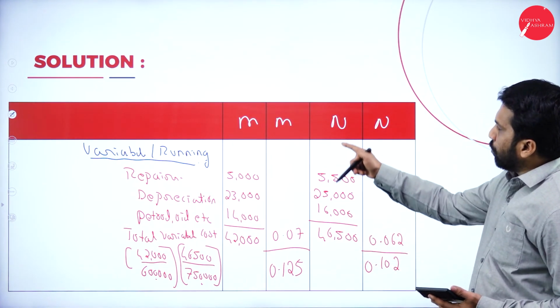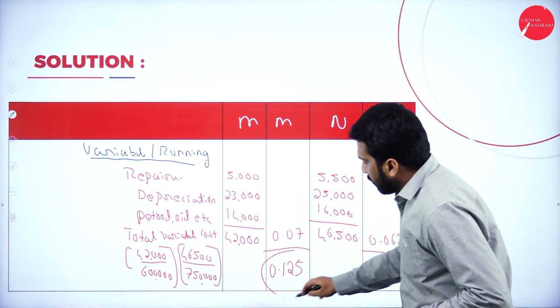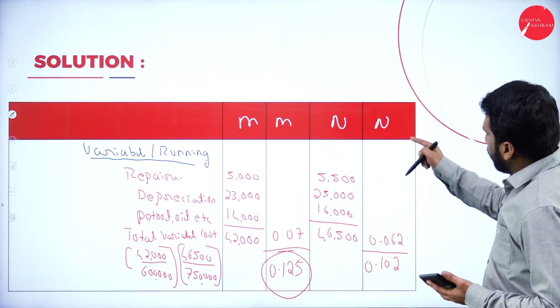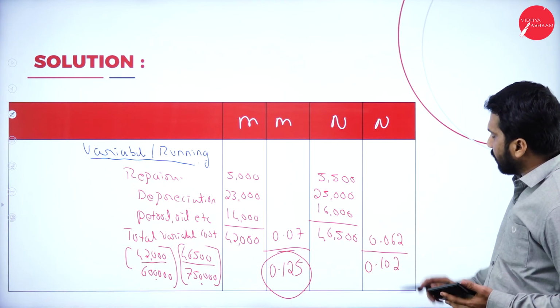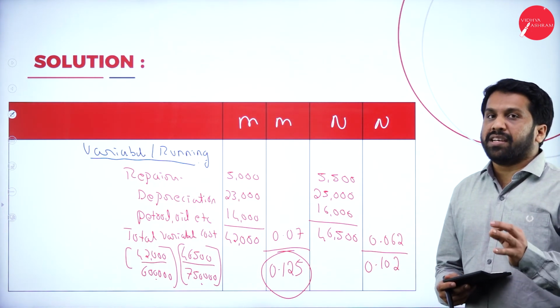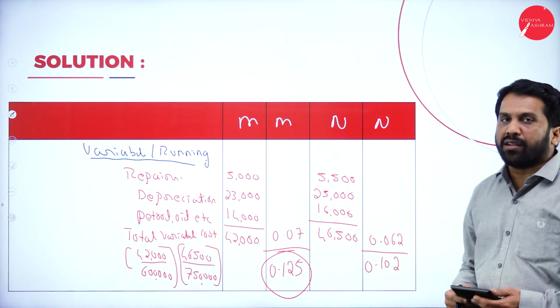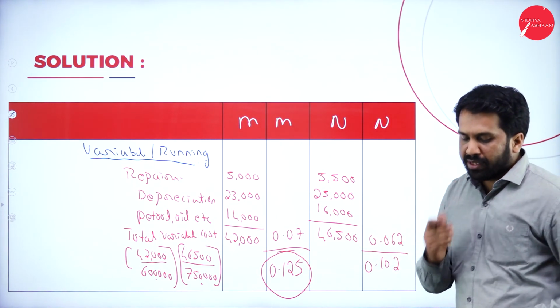If you go for M, your cost per ton kilometer is 12.5 paise. If you go for N, your cost per ton kilometer is almost 10 paise, 0.102 and 0.125. Hope you are clear.